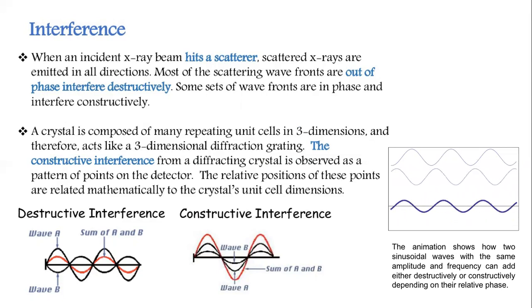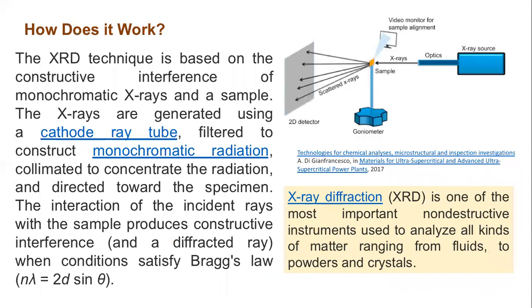So the repeating units in a crystal can act as a diffraction grating, and thereby they can effect constructive interference, which ultimately results in a particular pattern formed by the interaction between the X-ray and the molecules. So that is what helps us identify the structure of that particular crystal.